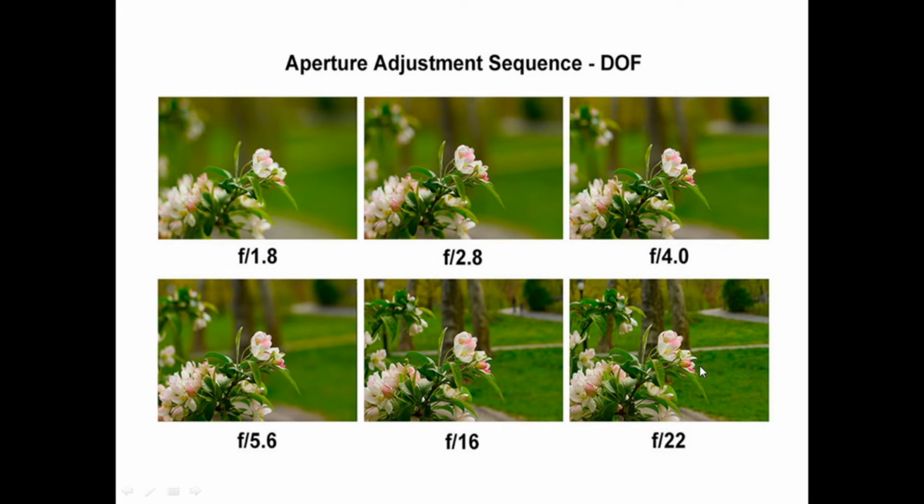Keeping that aside, let me tell you a few general points. We need to know the specification of a lens. Here we have to consider the maximum aperture or the minimum aperture.